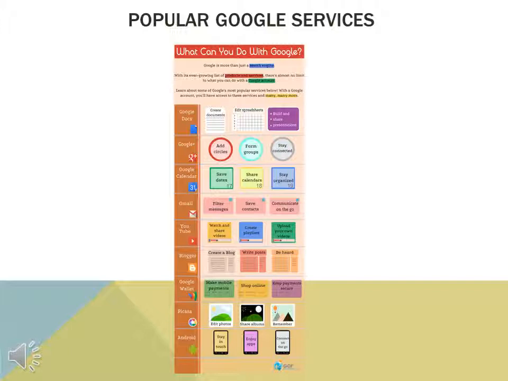If you don't have an Android, then this class is going to be perfect for you, and it's going to be perfect for you even if you do have an Android, because it's going to let you know a lot of the information that is involved with Gmail. But this is just some of the services that are available to you, and there are many, many more that are completely available to you, and I'm going to show that to you in the next slide.